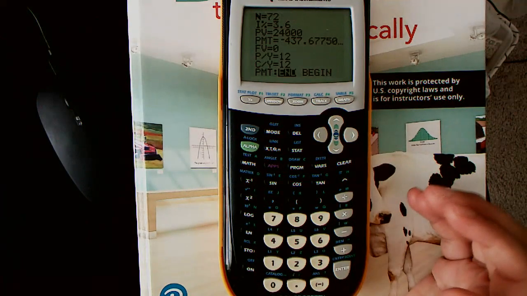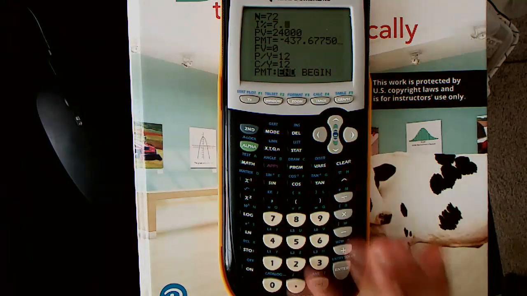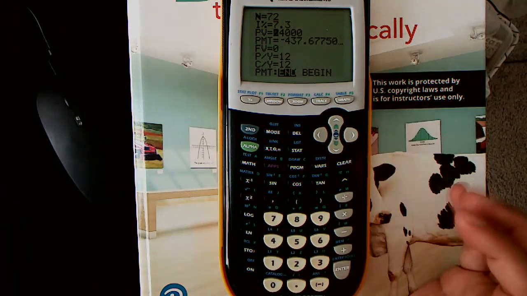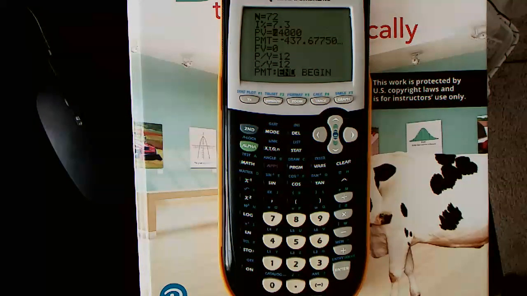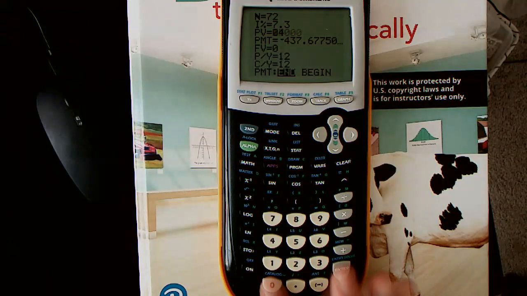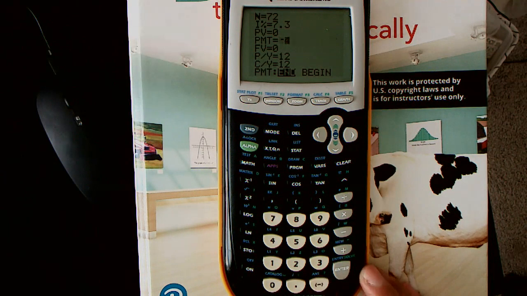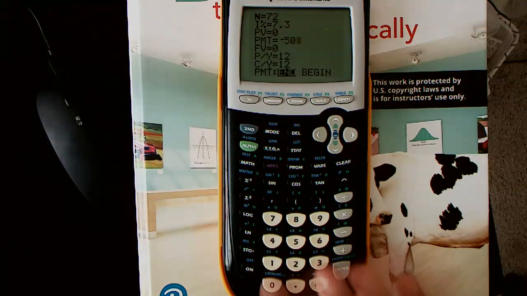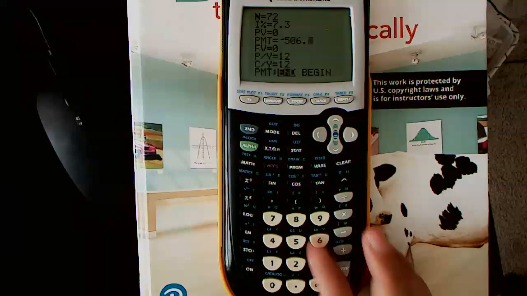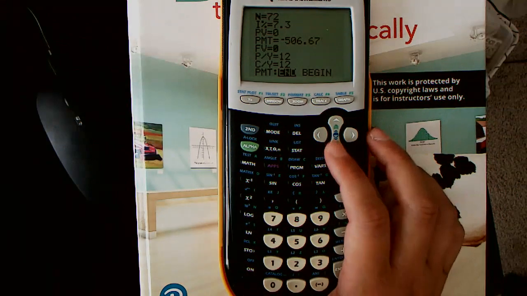And the interest rate is 7.3. That's very high. And present value. For an annuity, remember, the present value at the beginning is always 0. You have nothing in your annuity until the first payment. And your monthly payment is going to be negative 506.67.